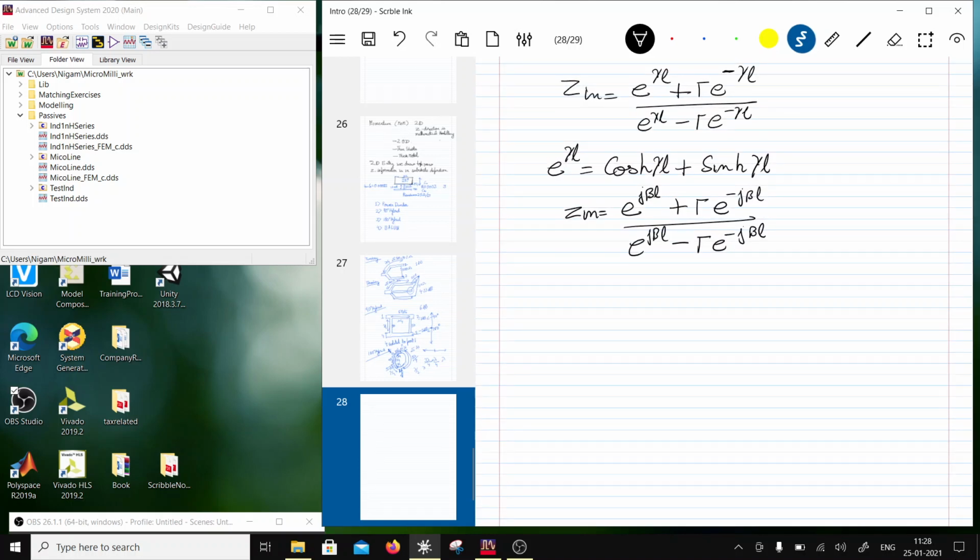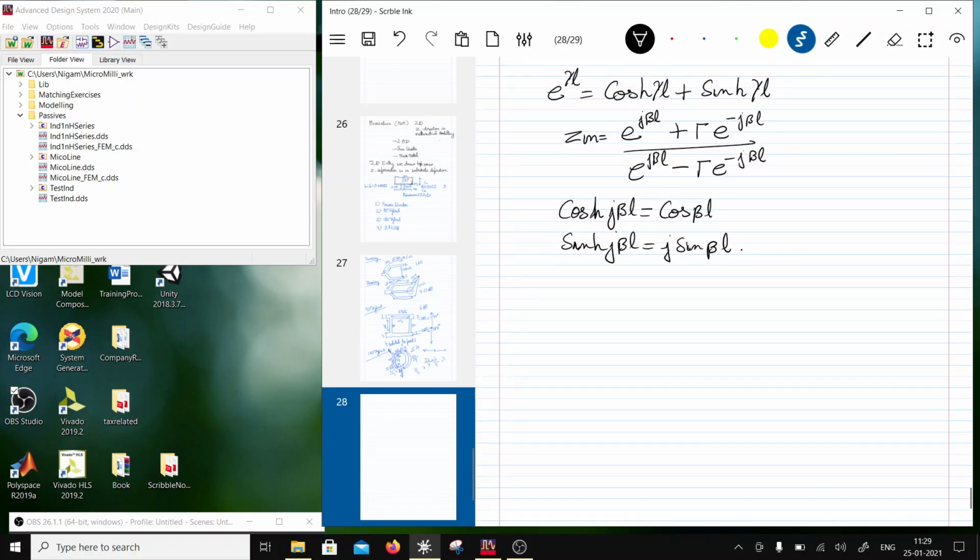One more thing: cosh(jβL) will be equal to cos(βL), and sinh(jβL) will be equal to j sin(βL).